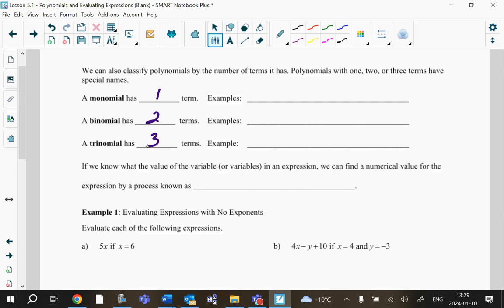So what would be an example of 1 term? Well, just pick a number, a variable if you want, and an exponent if you want. So you could say 2x. You could say negative 5y to the 5th. You could just write a number. They're all single terms. Binomial, you're going to need a plus or a minus sign. Can somebody give me an example of a binomial? 2x plus 2.